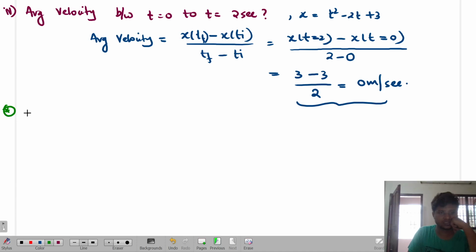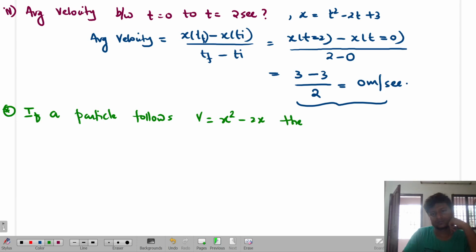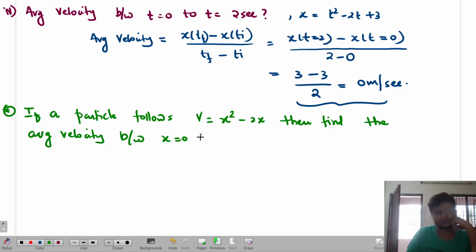If a particle follows v is equal to x square minus 2x, then find the average velocity between x is equal to 0 to x is equal to 2 meters.